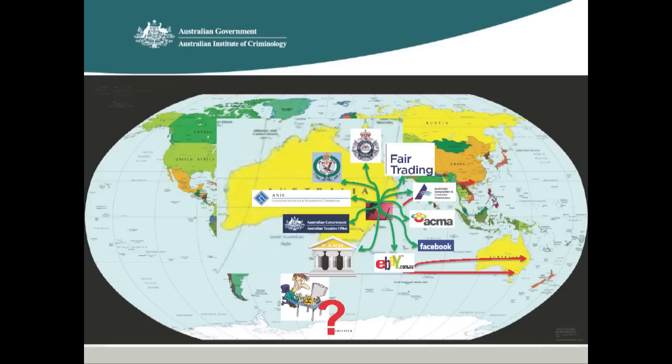Other organisations that may receive complaints include banks and financial institutions, online trading and auction sites, as well as social media sites. Expand this to multiple victims in multiple jurisdictions, and the picture relating to just one offender becomes very complicated. In addition, victims may not even notice small value frauds or know that they have been victimised, so may not report the matter at all.